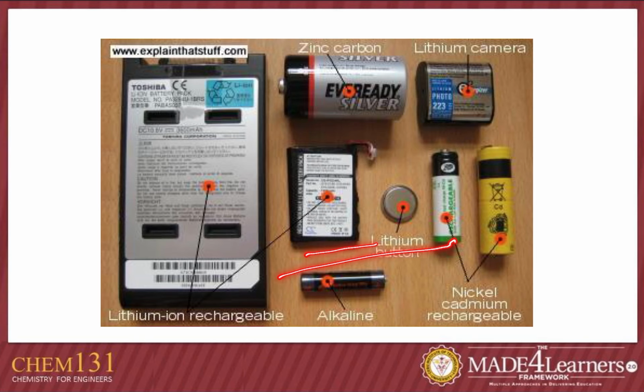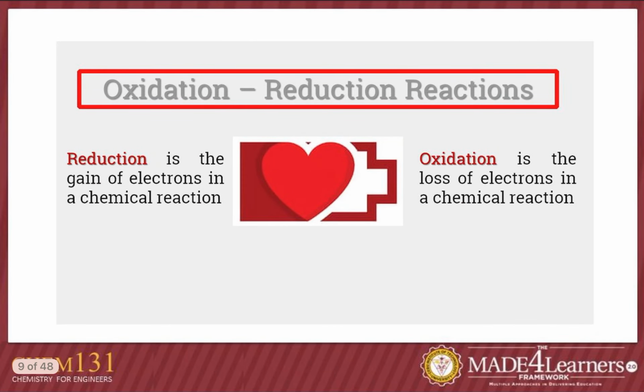Now, these batteries function because of chemistry, because of chemical reactions. The type of chemical reactions that make these batteries work are called redox reactions, or oxidation reduction reactions, or reduction oxidation reactions.